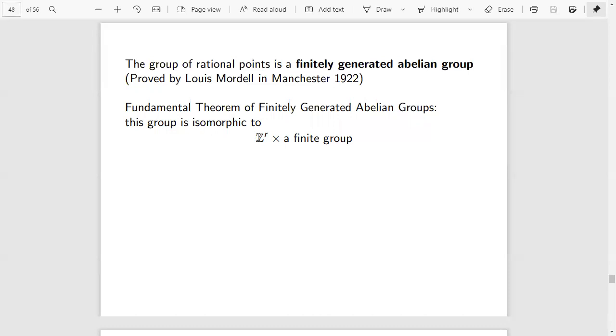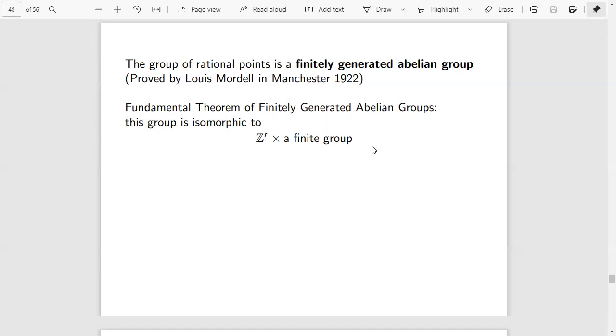So the idea is, pretend there was no finite group here. Pretend it was just Z to the r. What that means is you can take r points, which are sort of the standard basis elements of Z to the r, and those will generate everything by some combinations of those points in the group.